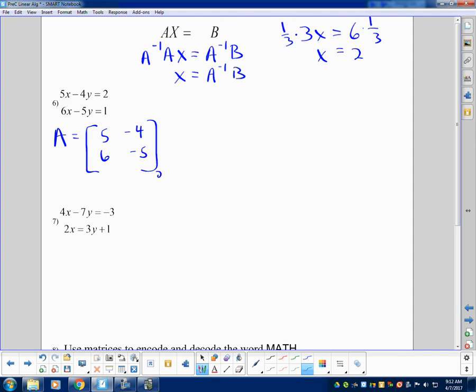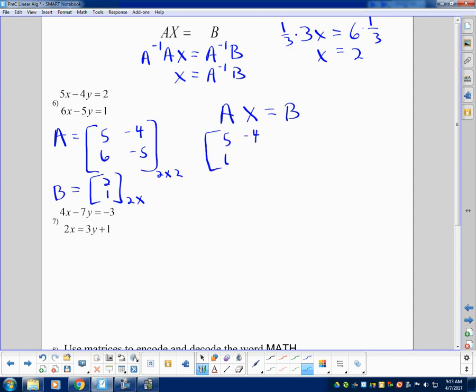Matrix B is a column matrix made up of the answer column, which is a 2 by 1. See how I got the 2 and the 1 for matrix B? That's the answer column. So my matrix equation would say A x equals B. In this case, A is the matrix 5, -4, 6, -5.